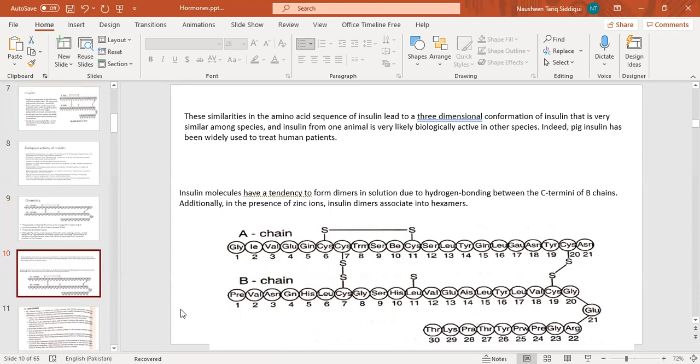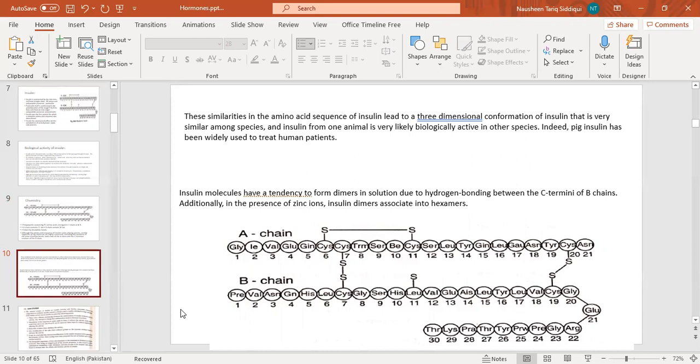Because of this similarity of amino acid sequence, we have a resemblance in the insulin among various animal species, including human insulin. That's why insulin is isolated from different animals and used as a replacement for the insulin for human patients.